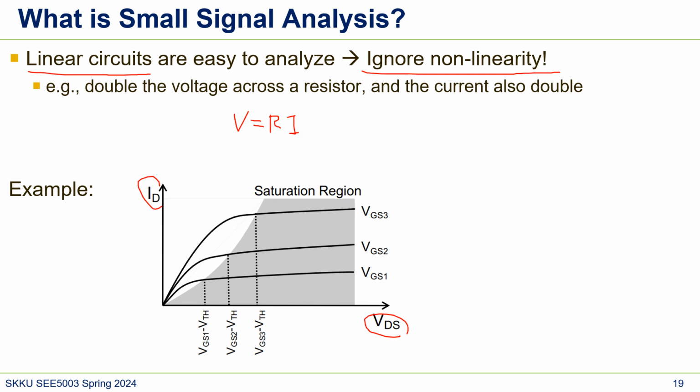Do you think VDS and ID are in a linear relationship? Kind of, right? It's kind of linear, but not in this part. Actually, we can also model this part as linear, but I'm just saying that in the saturation region it seems more linear, at least more than this part. And most of the time MOSFETs in a circuit will operate in the saturation region. So maybe we can just model the MOSFET as linear.